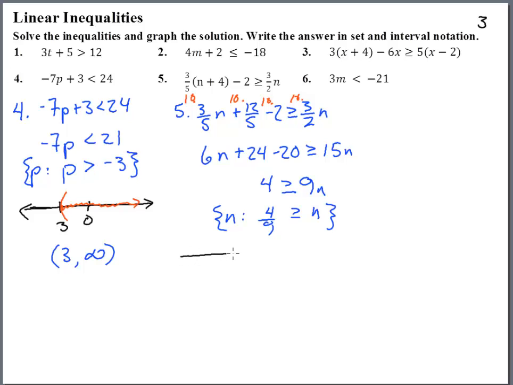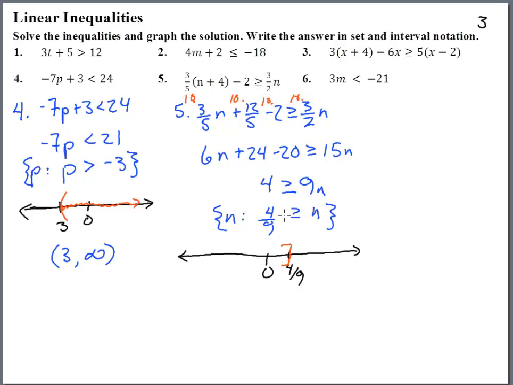Now the graph: here's the number line. Let's mark a 0 on there. Let's mark 4/9 somewhere about right there. We have that 4/9 is bigger than or equal to n, which means n is smaller than or equal to 4/9.